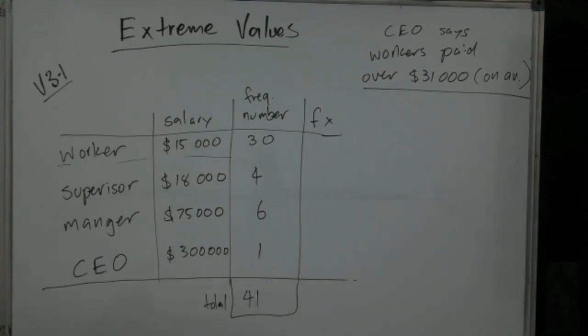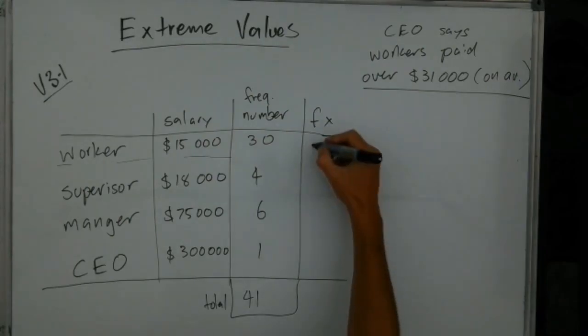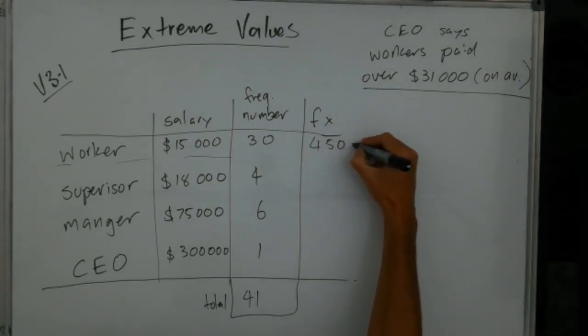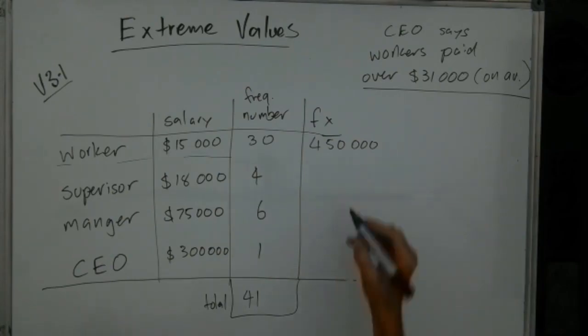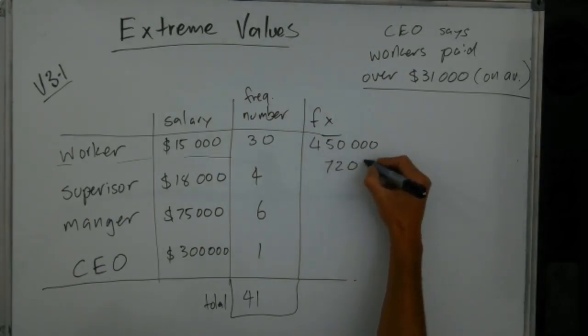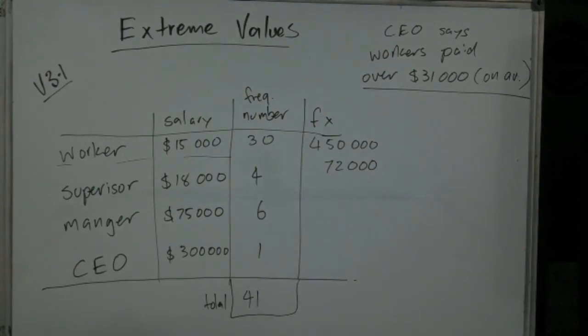And let's just very quickly calculate these. 15,000 times 30 is 450,000. 18,000 times 4 is 72,000. 75,000 times 6.